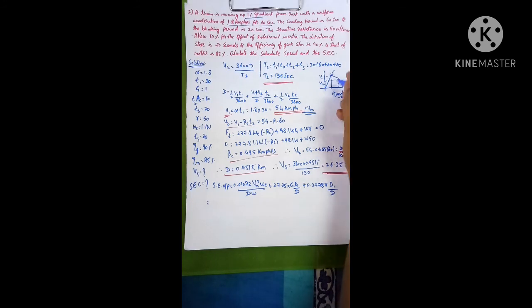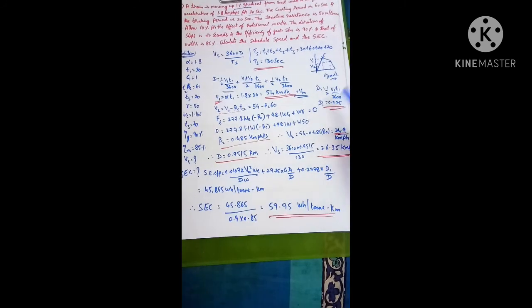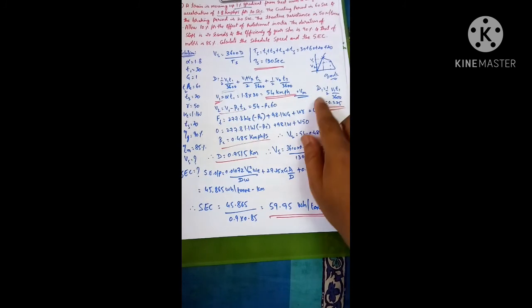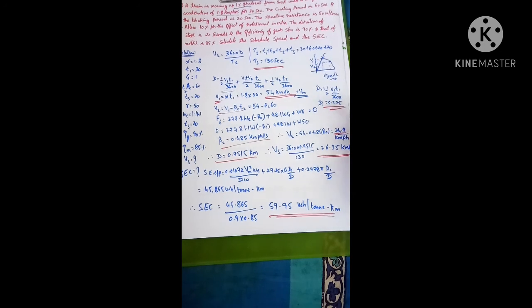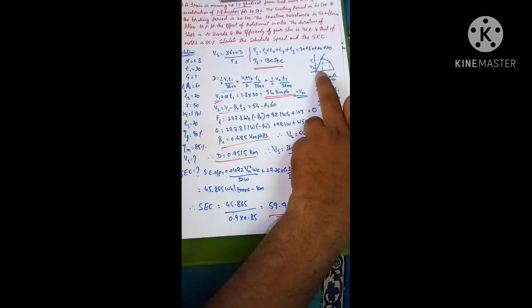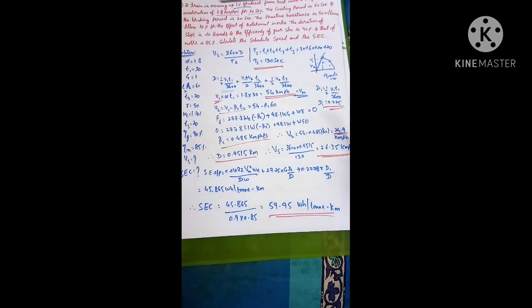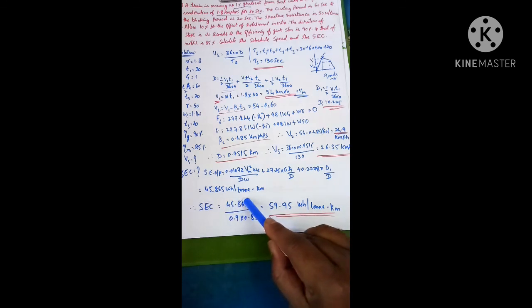So we need to find only the distance of acceleration. That is D1, which is the area of the acceleration. Because we don't have free run, you need to find only this distance. D1 is equal to 1 by 2 V1 T1 by 3600. If we simplify that, we get 0.225. Substitute that D1 in this formula and we get the specific energy output.